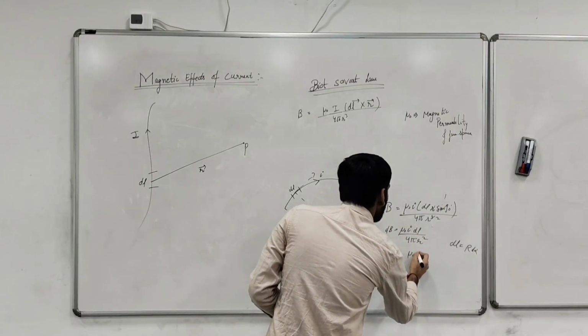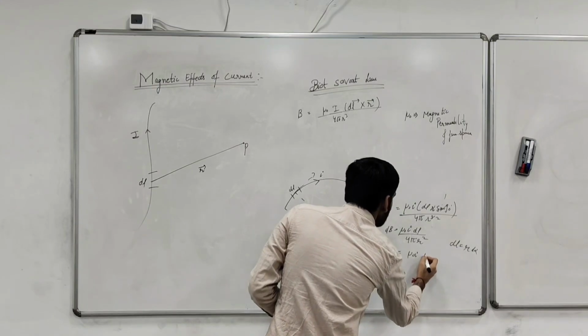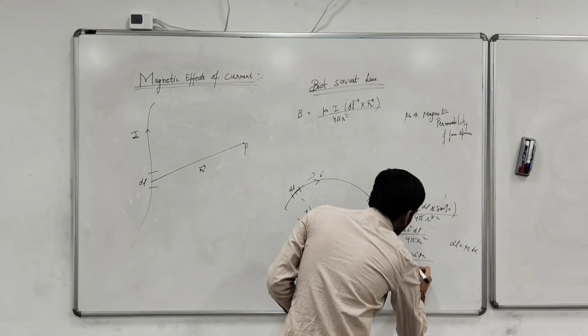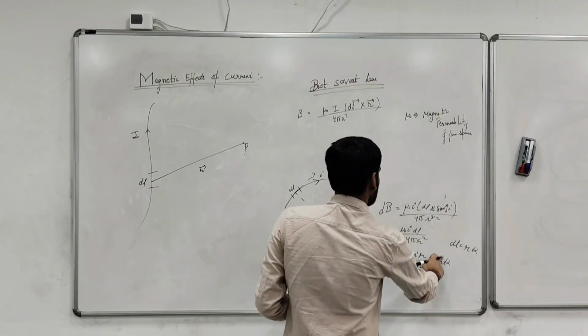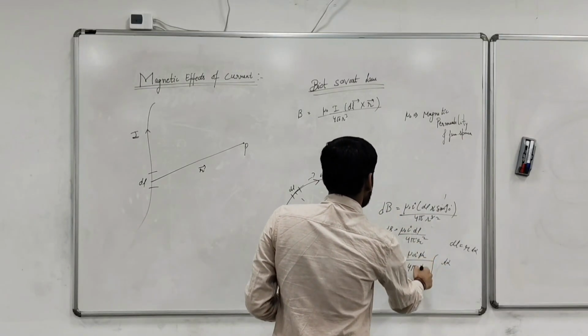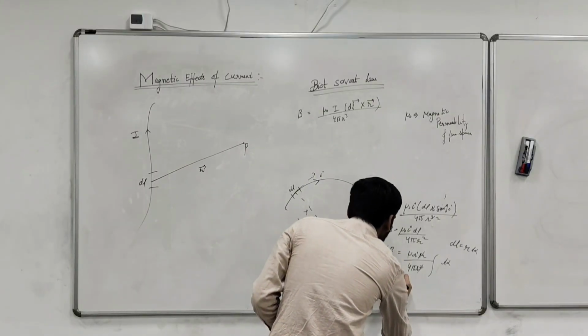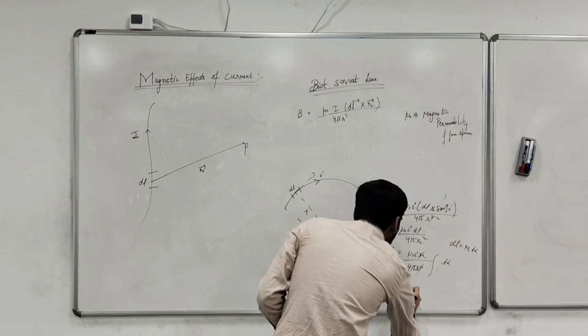So mu naught I r d alpha over 4 pi r squared. So this r is cancelled, and B is equal to mu naught I alpha over 4 pi r.